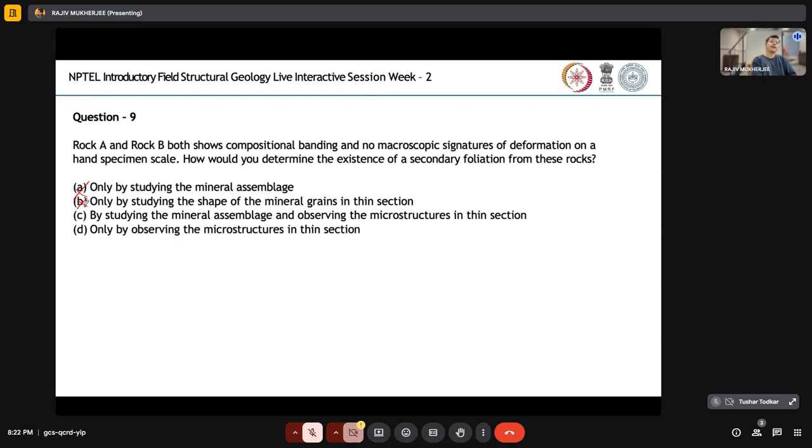You generally do not get these kinds of features in a sedimentary terrain, a sedimentary rock, because there are other microstructures that you observe in sedimentary rocks, like the cement material and the matrix material, the grain size and the size of the clasts, and the compositional heterogeneity that we observe. Very often it is also normal to get deformed quartz grains or other feldspar grains inside a sandstone when we are observing through thin section.